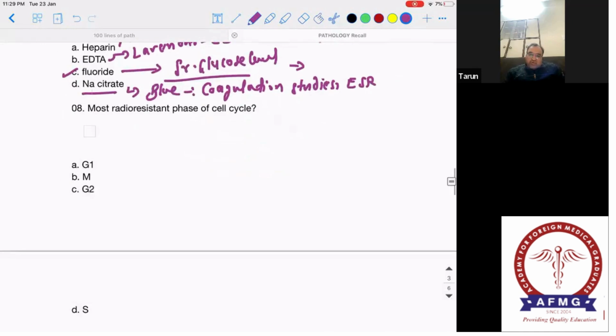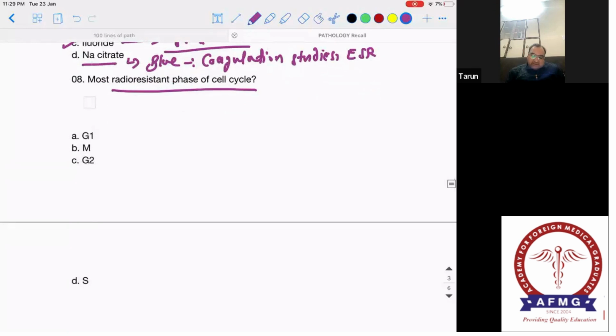Next question: most radio resistant phase of the cell cycle. It's again a very commonly repeated question. The radio resistant phase is S phase. And the most radio sensitive phase is the M phase, the mitotic phase, when the cells are going to divide, at that time the radiations impact the cells.